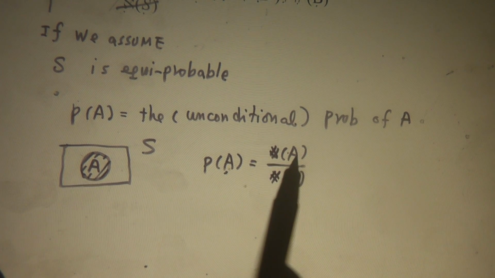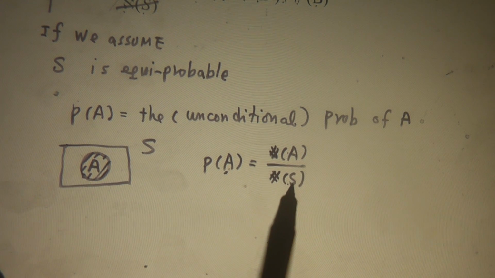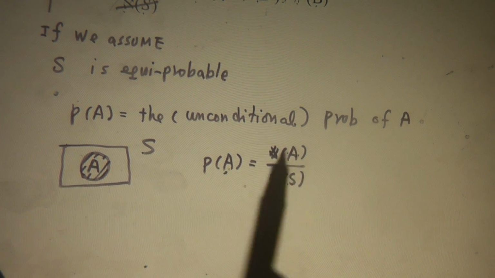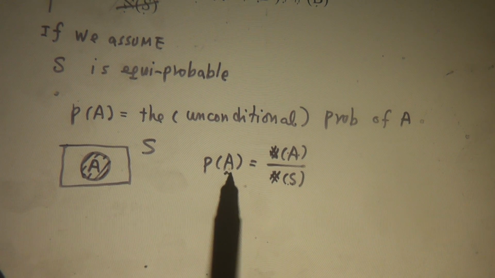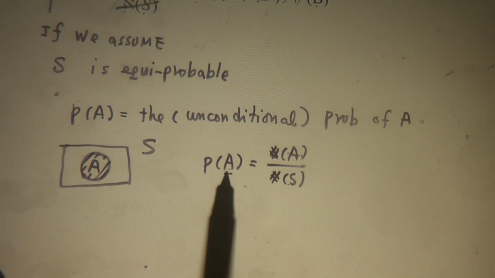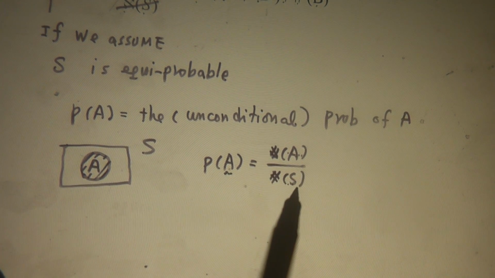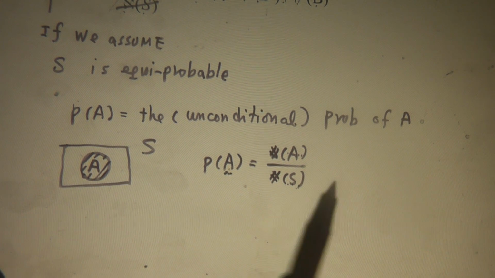If the number of outcomes in A is very close to the number of outcomes in the sample space, then probability A is big. A has a big chance to happen. On the other hand, if this ratio is small, it's very unlikely we are going to see A happen, okay? So the comparison base is how many outcomes there are in the sample space.